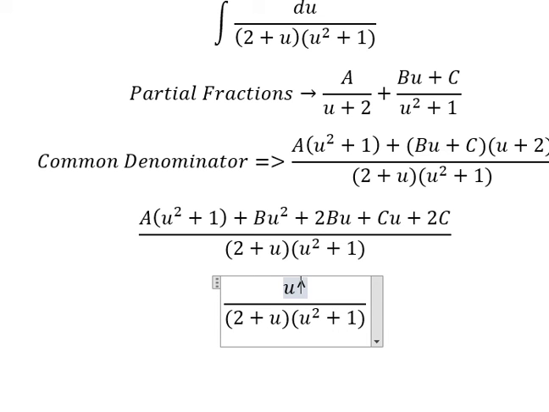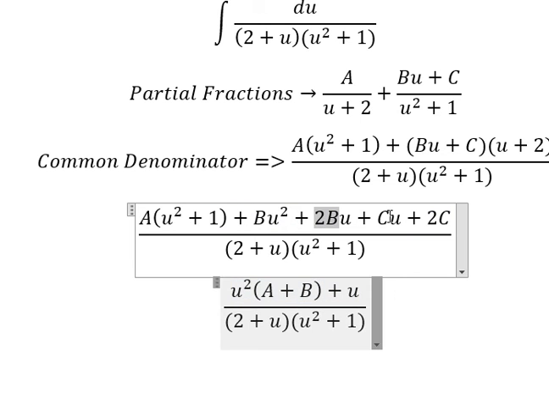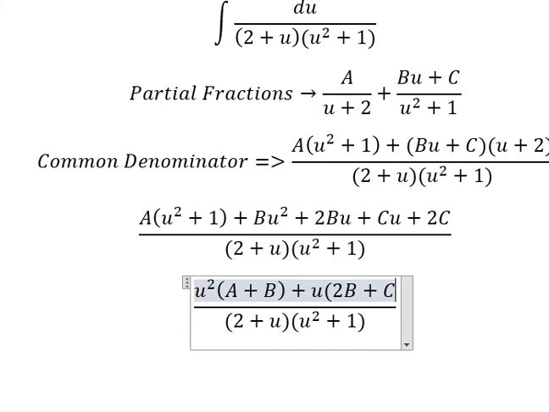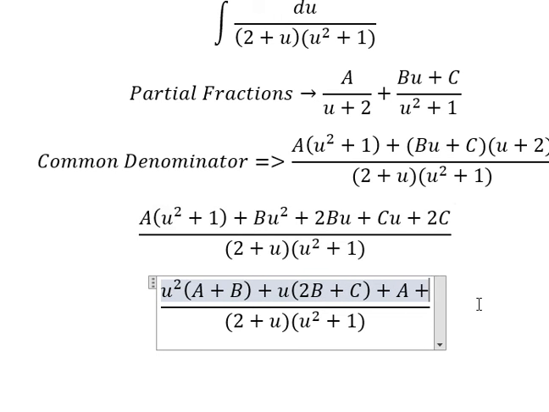So for u squared, we have A and B. For u, we have 2B and C in here. For the constant, the number A with number 1, you get A and 2C.